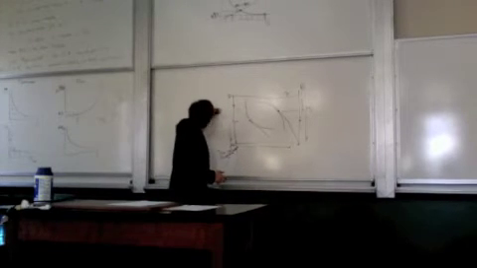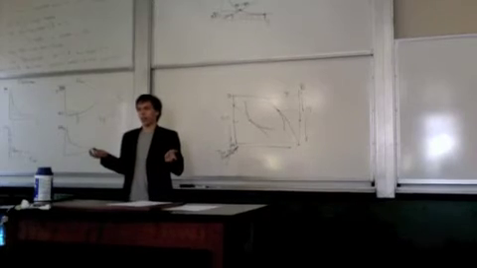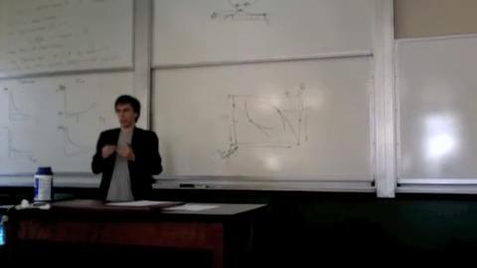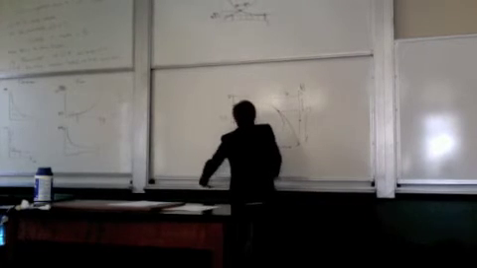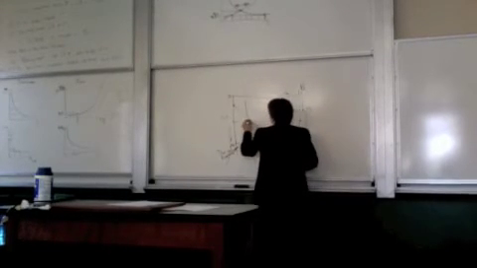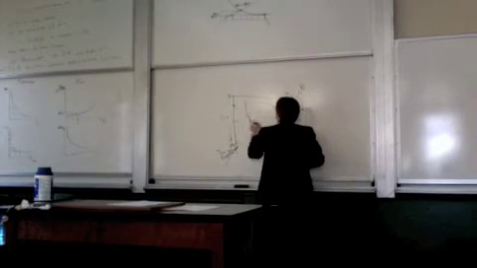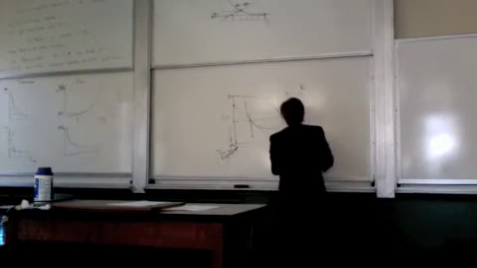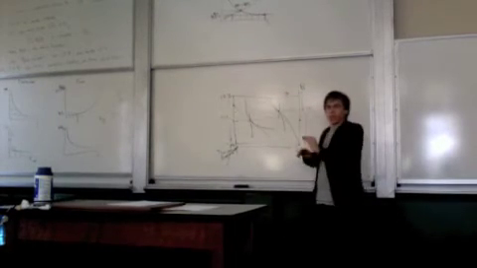What the Edgeworth box allows us to do is say we have a set number of goods in the economy. How are we going to allocate these to consumers? And right now there's a problem because the dictator has taken some money. Let's say there are 10 here, 10 here. There are 10 maximum goods that anyone can have.